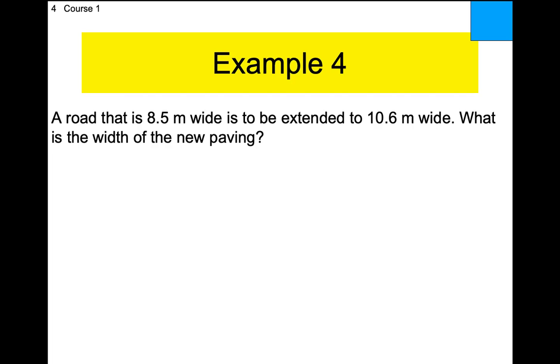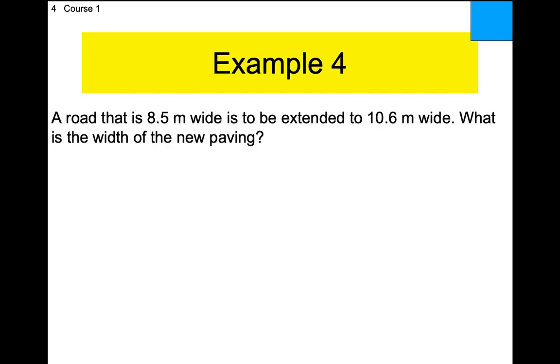So his road goes left and right. When I think of a road, my road always goes up and down, north, south. It could be either one, but I'm going to show you the example where the road goes up and down.